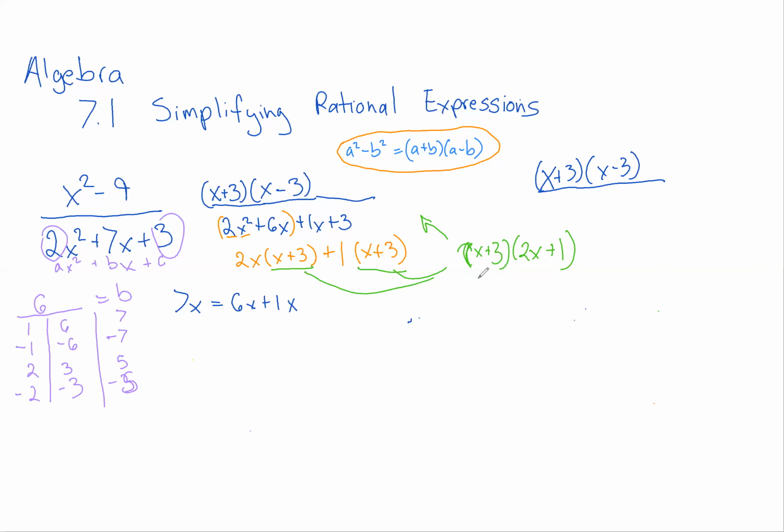And on the bottom, our factors are x plus 3 times 2x plus 1. Ooh, let's get that right. And then this equals 1. And so my simplified version of this is x minus 3 over 2x plus 1. I hope this has helped, and have a great day.